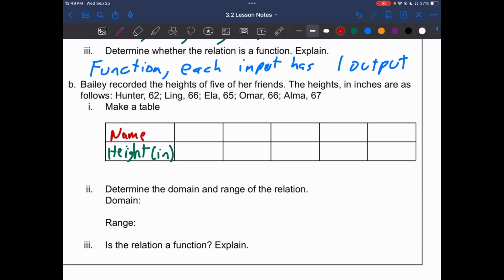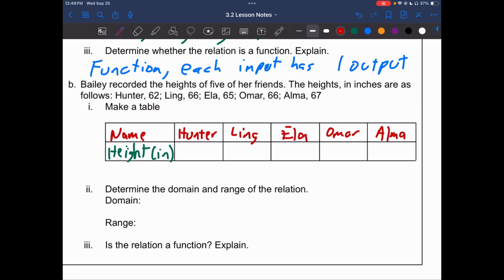So you need to specify what units you are using in order to be appropriate with your data. So we're going to put in the names. We have Hunter. We have Ling. We have Ella or Ela. We have Omar. And we have Alma.